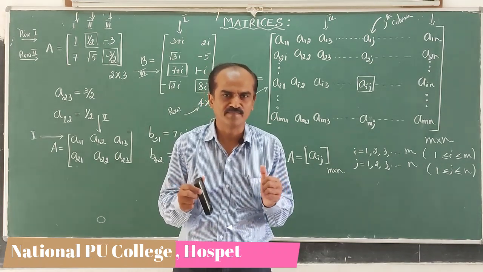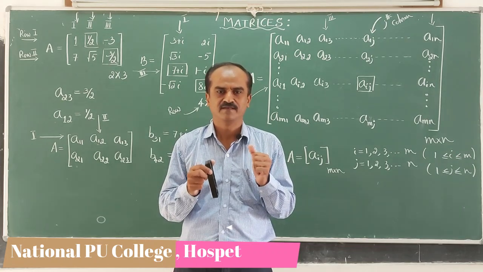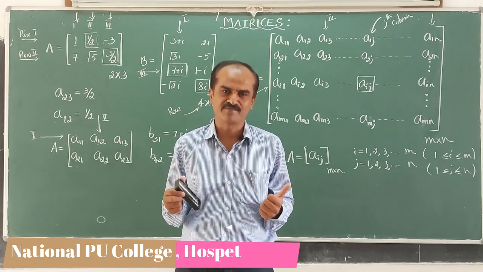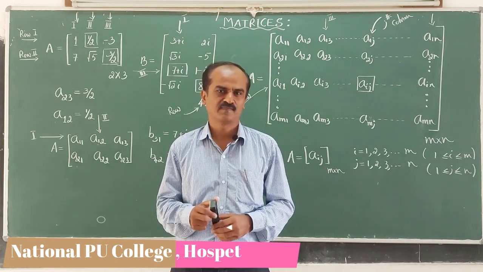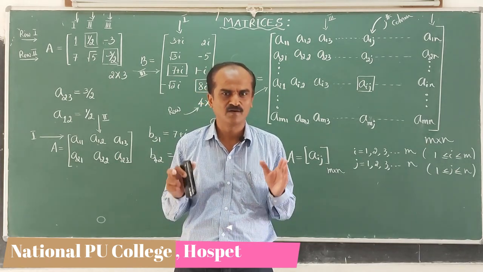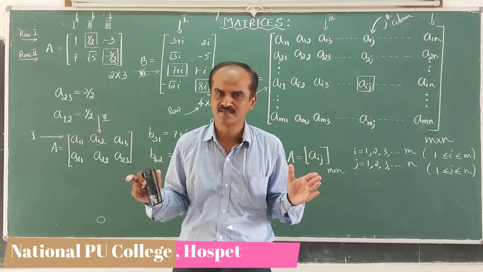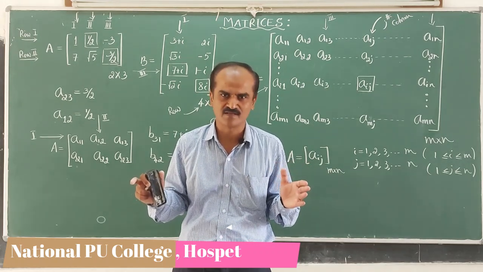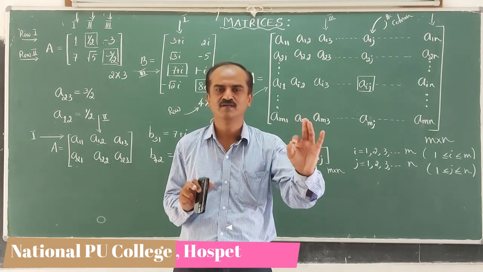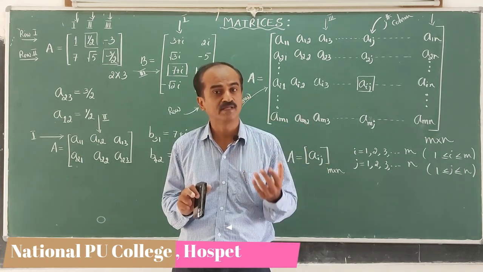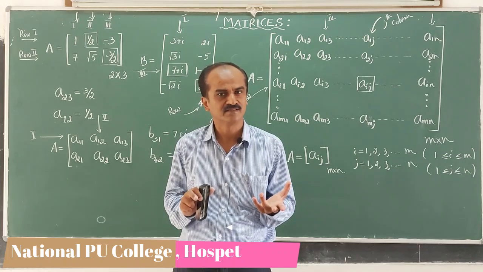When the order of the matrix is given, is there any method by which I can find out the number of elements present in that matrix? Now they are not given the matrix. What are the entries of the matrix? They are not given. Simply they are saying A is a matrix of order m by n. What would be the number of elements present in that?